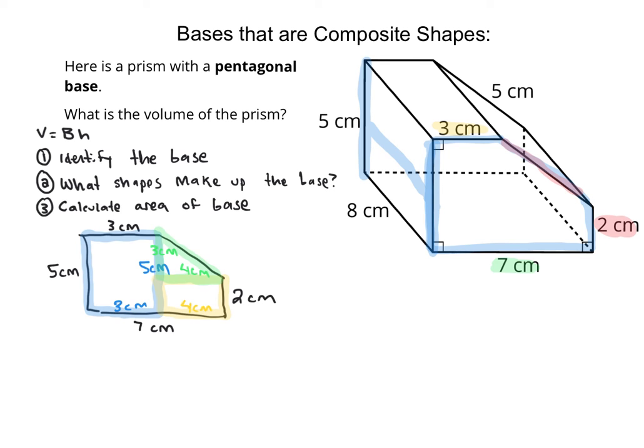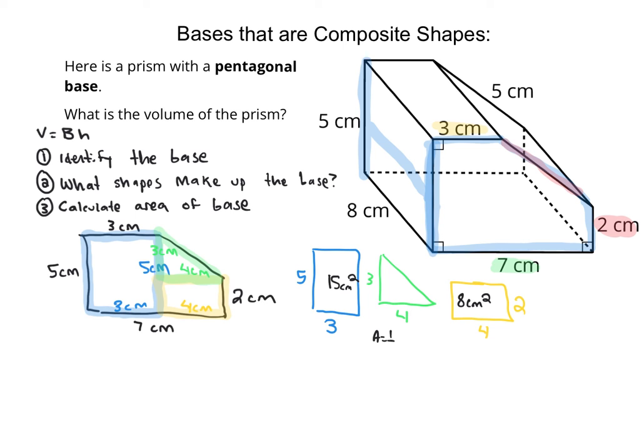And I'm going to actually just break those pieces apart into separate pieces and then find the area of each. So my area of the first rectangle is going to be 5 times 3, so this is going to be 15 centimeters squared. And then I'm going to go ahead and do my other rectangle. 2 times 4 is 8, so this is 8 centimeters squared. And then for my triangle, again, area is 1/2 of your base times your height.